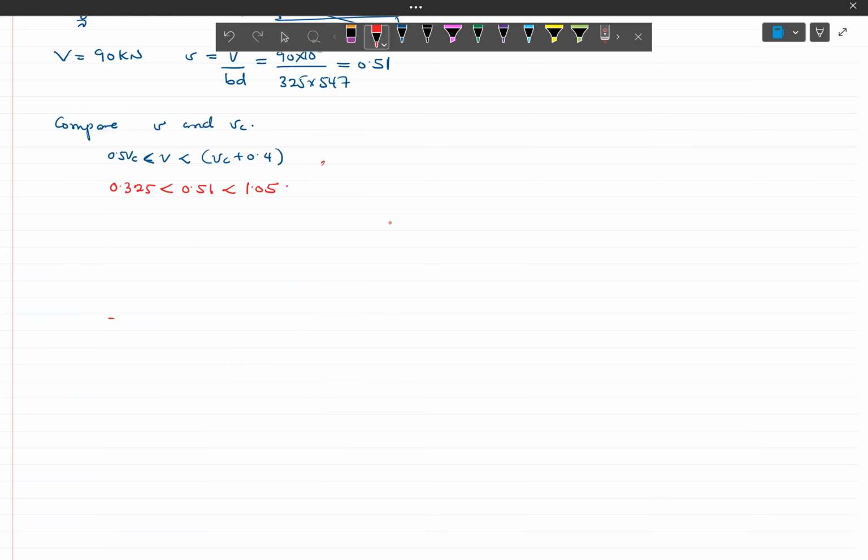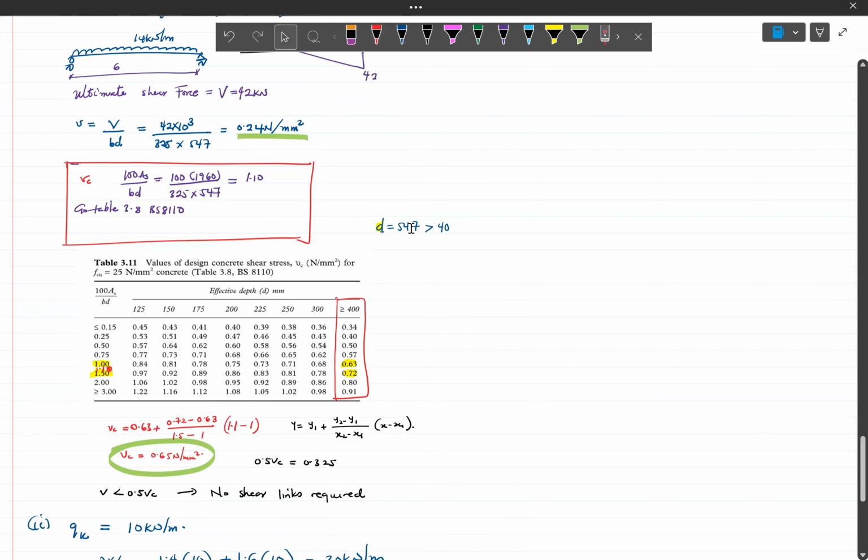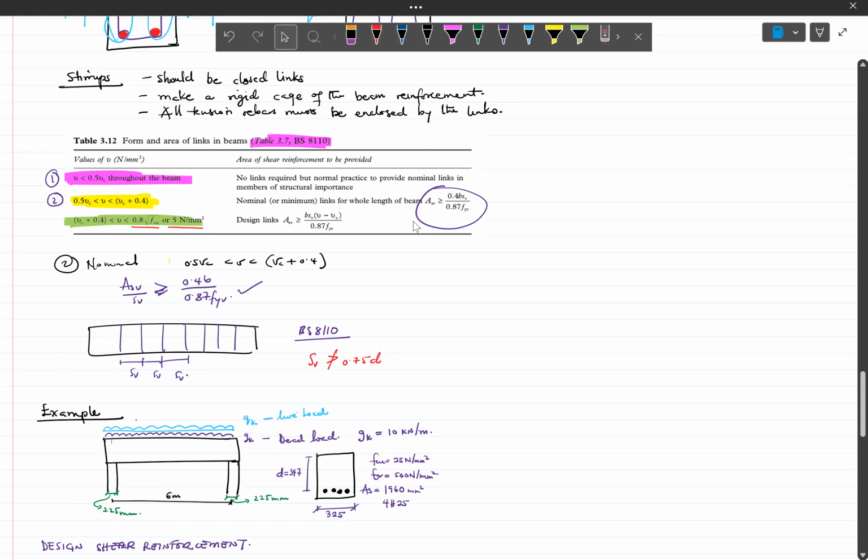So we go to table 3.7, right? From the BS 8110. And it states that if our shear stress v lies within the two parameters, then that becomes our option 2.